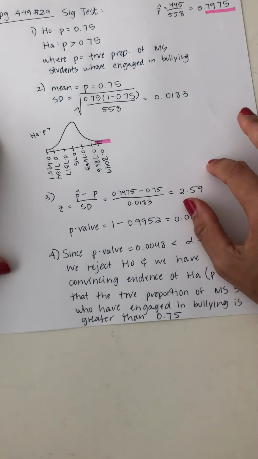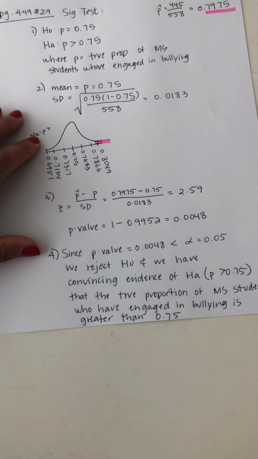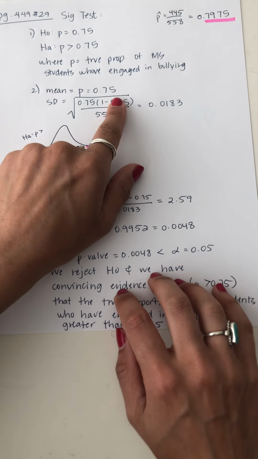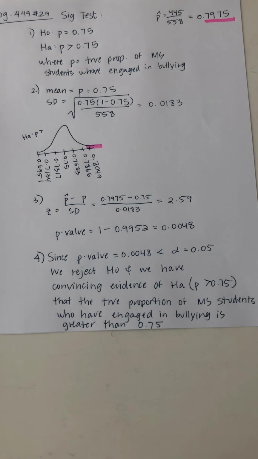And that's how you do a significance test. We proved it. My sample provided enough evidence to prove what we wanted to prove. There you guys go. There's number 29.